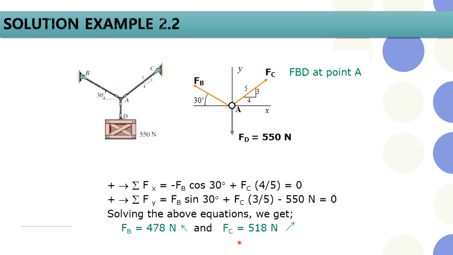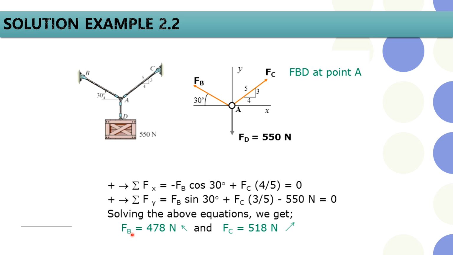Newton and force C equals 518 Newton. So you can also put an arrow showing the direction of your force at the particular point.